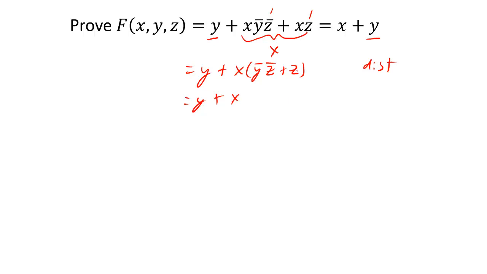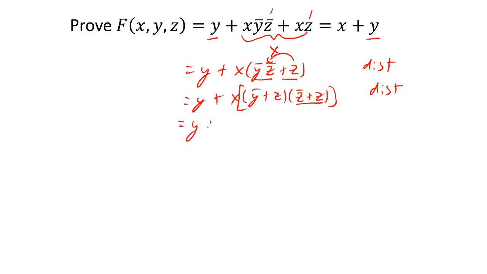I'll distribute this z into this AND expression here. So this z or is going to go into there. So I'm going to do y bar or z ANDed with z bar or z, and that was distribution again. And then we can see that this z bar or z is going to go down to a 1.